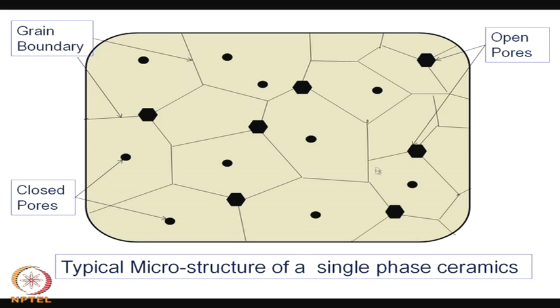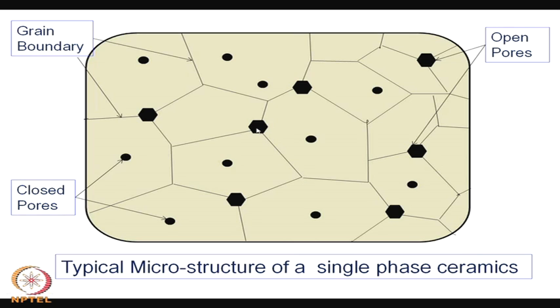This is a schematic of a typical microstructure of polycrystalline ceramics. As we know, ceramics are always prepared from fine powders, and the compacted powders are heated to high temperature, and then chemical bonds are formed, or sintering takes place, and finally grain boundaries are formed.